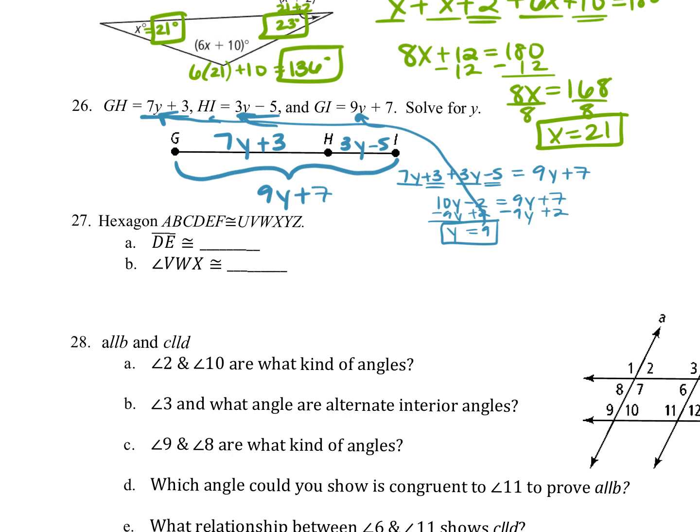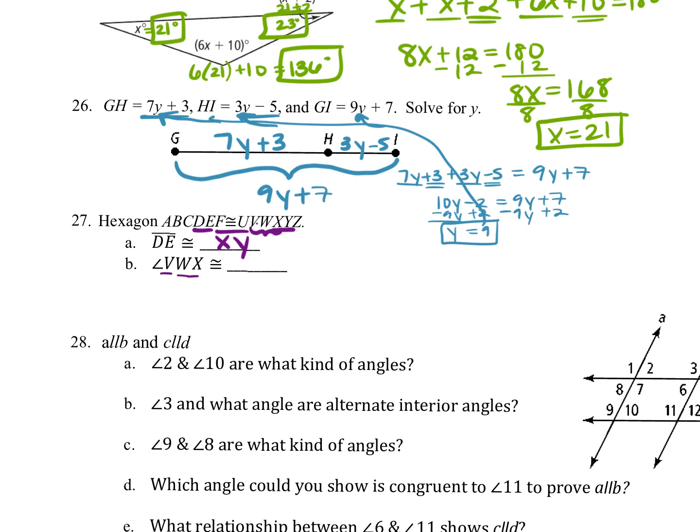All right, 27. It says one hexagon is congruent to another. So you got to match up the corresponding parts. So if you look, segment DE, that's the 4th and 5th letter. So 1, 2, 3, 4, 5 would be congruent to segment XY. And then this one says angle VWX, okay?